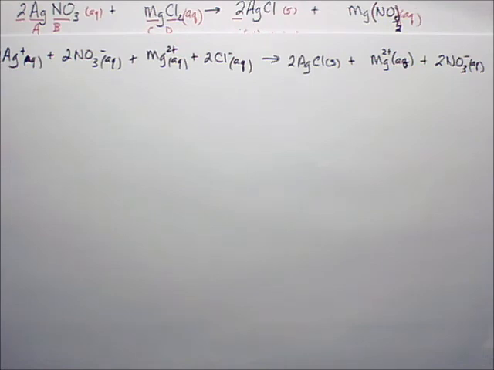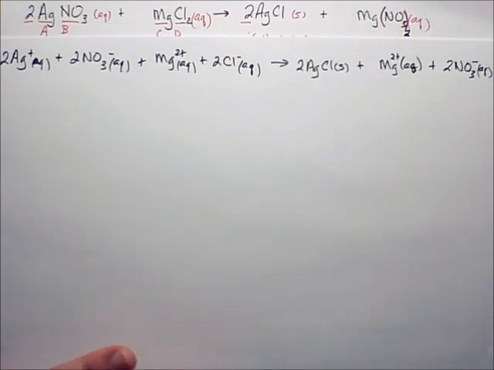Put a single diagonal line through the spectator ions and write what's left. Spectator ions are any ions that are exactly the same on both sides. You're going to cancel out the spectator ions and write a net ionic equation. This is the complete ionic equation. Now we want to write a net ionic equation.